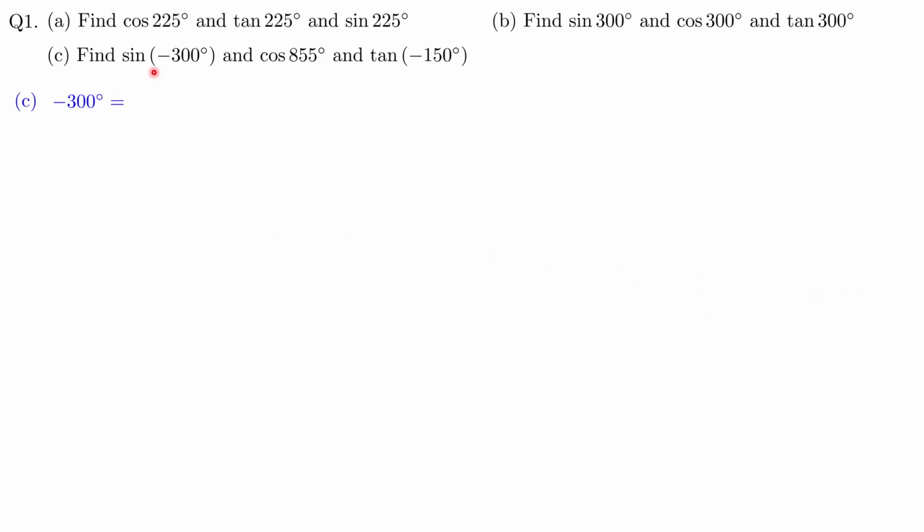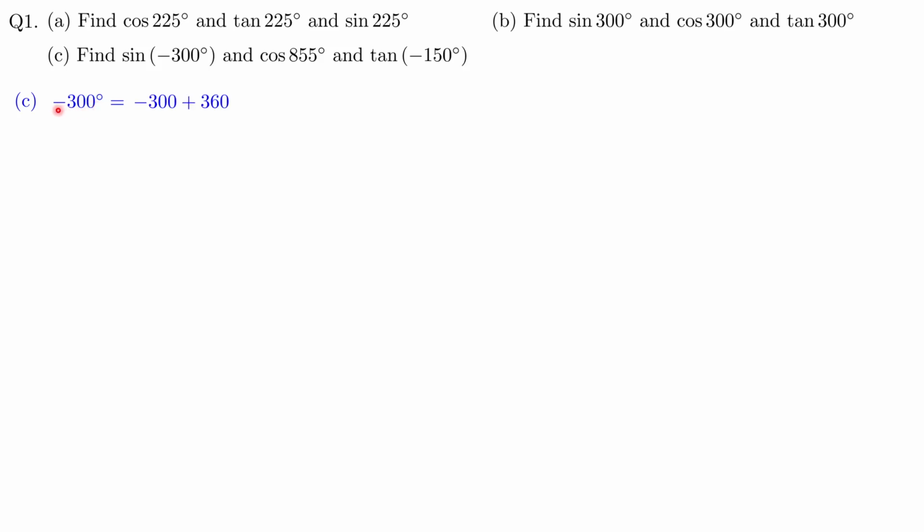Okay, now let's do part C. So what makes part C different to A and B is that the angle is a bit harder to deal with. But remember, with any angle that we're working with, you can freely add or subtract multiples of 360, all you like. And while that changes the number, it still represents the same angle.